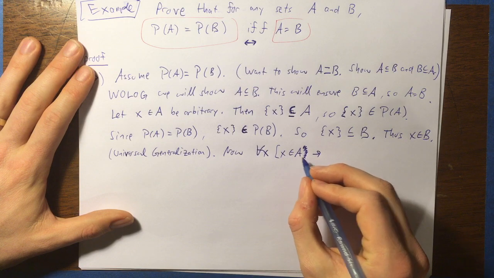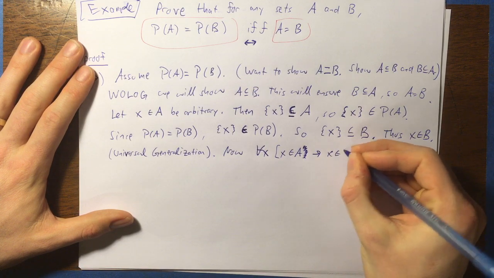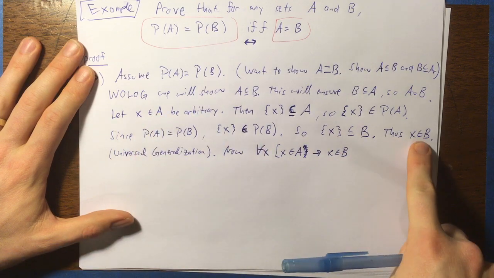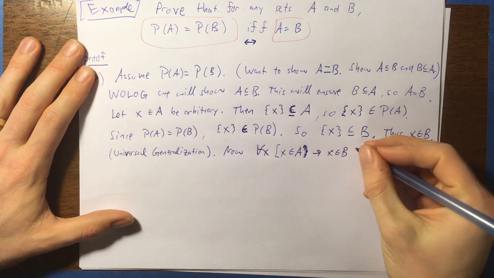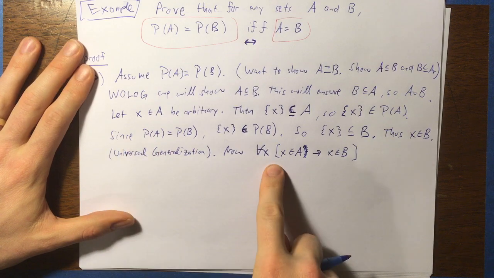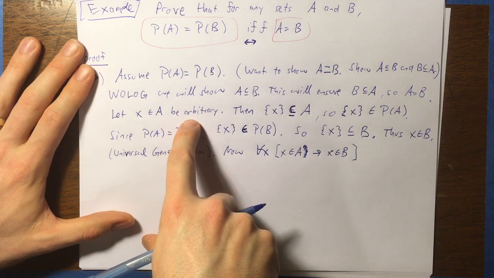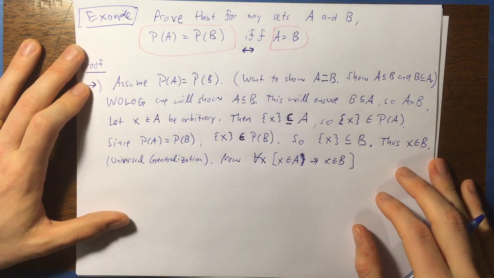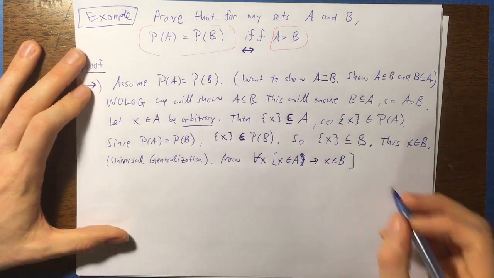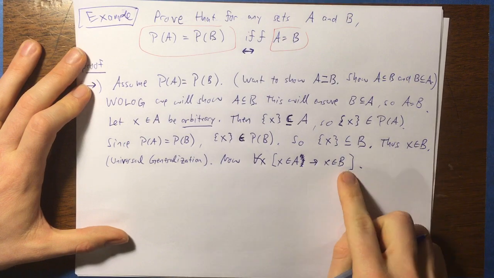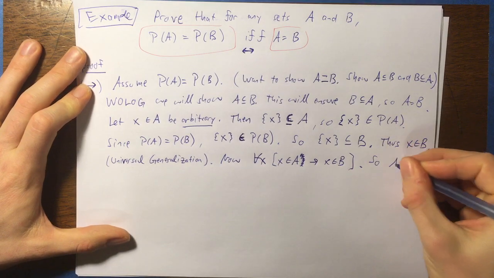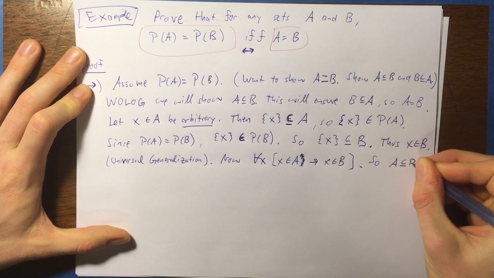I just proved with this arbitrary element that if it's in A, then it's in B. So it's true for all, right? That is a generalization. You can only do that because the element was arbitrary and therefore could have been any element. That's why this word is so important. So now that's true, and that is the definition of A is a subset of B.